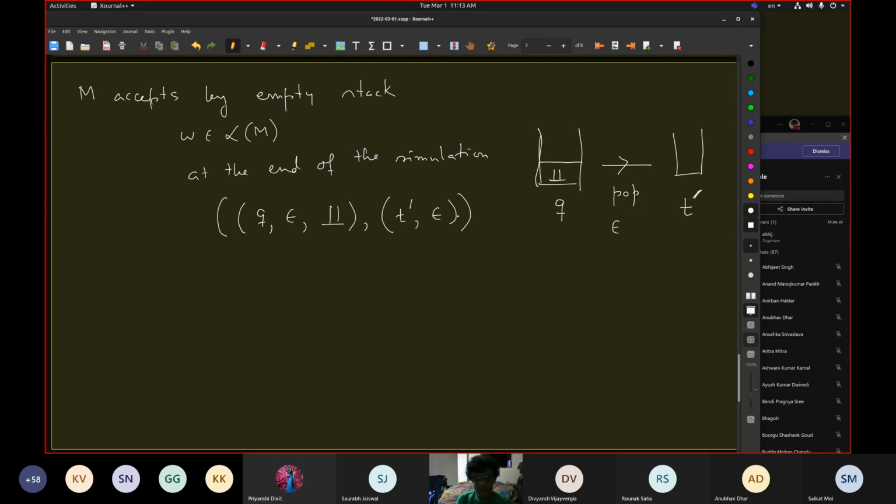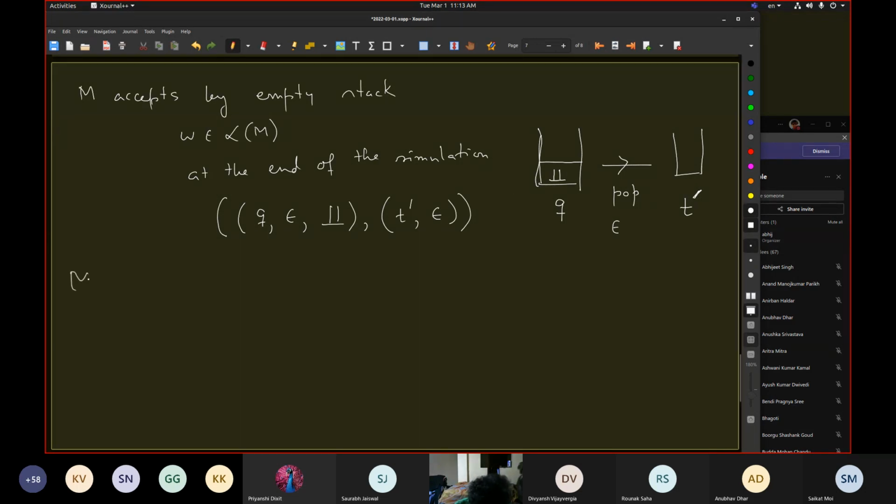Then N also accepts by going to the final state T prime and also by empty stack. And I will add this transition for all Q, because this Q is not relevant here.